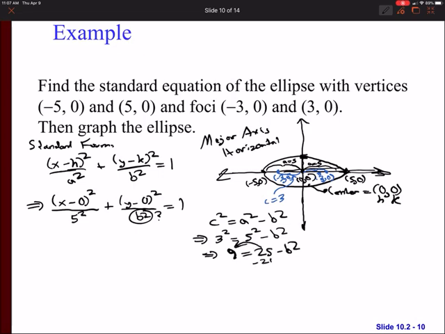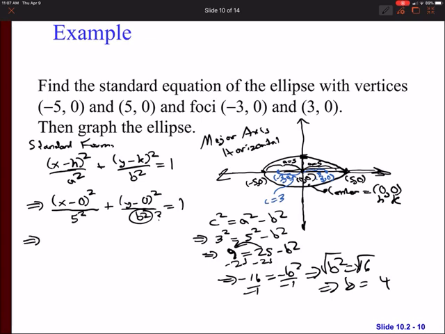Subtract 25 over and we get negative 16 equals negative b squared, and we divide out the negative. b squared equals 16, so b is 4. That's the distance to the ends of the minor axis, which we can add to our graph if we want.